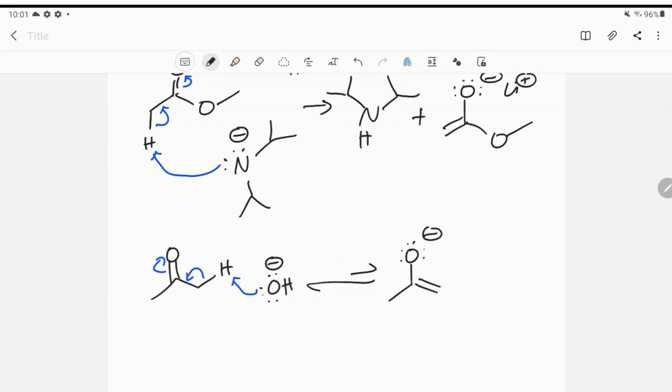And so that means, and I don't need to draw that, we're going to see that the pKa of water is 14, pKa of the ketone about 20. So we have about a 1 out of a million chance of this happening, 10 to the 6th power. So as a result, the equilibrium will heavily favor the acetone and hydroxide versus the enolate and water.